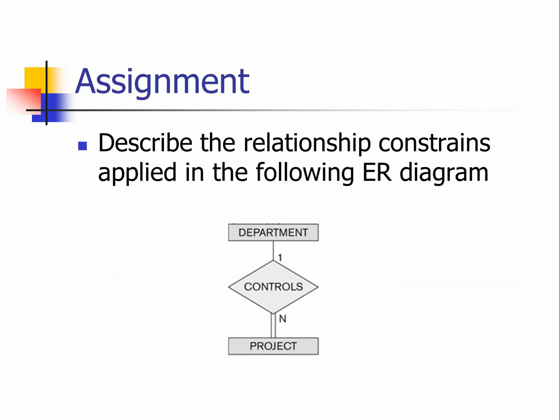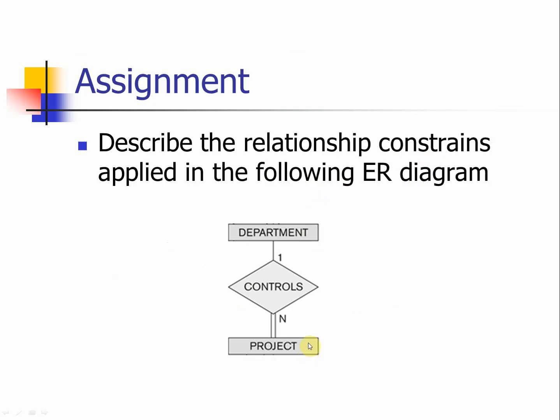It is time for us to give you some assignment. So this is the assignment that I want to give to you through this video. Describe the relationship constraints applied to the following ER diagram. In this ER diagram, you see you have department and project.